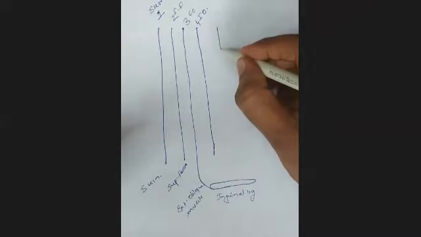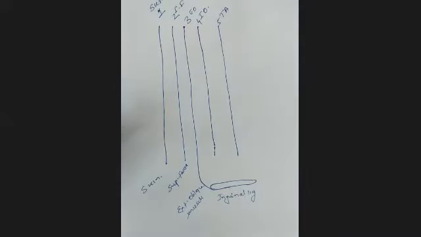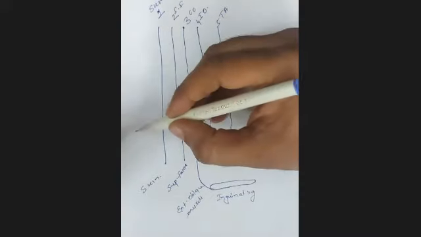Layer 5 is transversus abdominis muscle. So this is a parasagittal section.